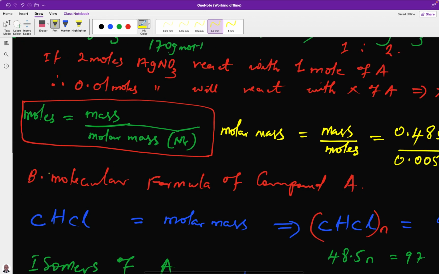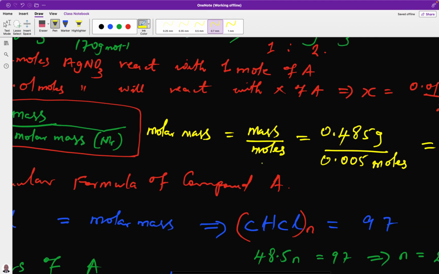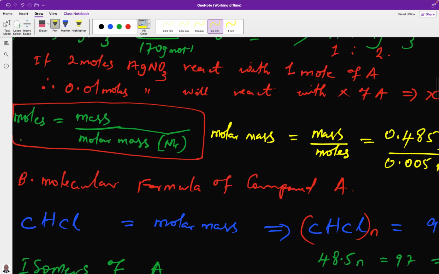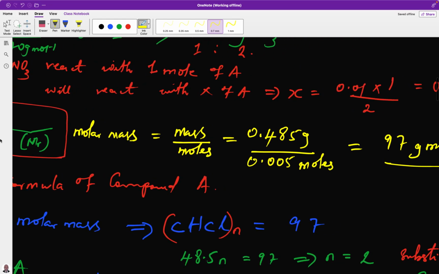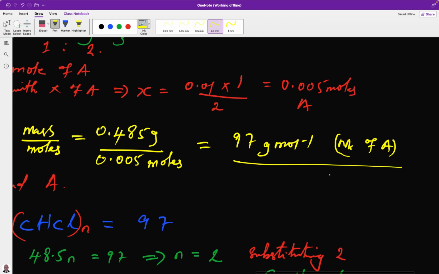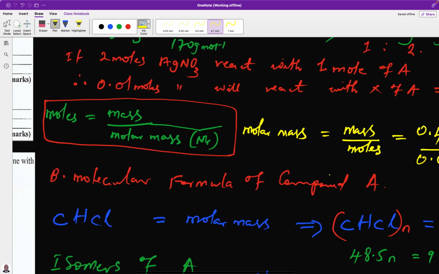We rearrange it to have the molar mass because we have been told to look for the molar mass. The molar mass will be mass divided by number of moles, and if we divide that, we will have 97 grams per mole, which is the molar mass of A.